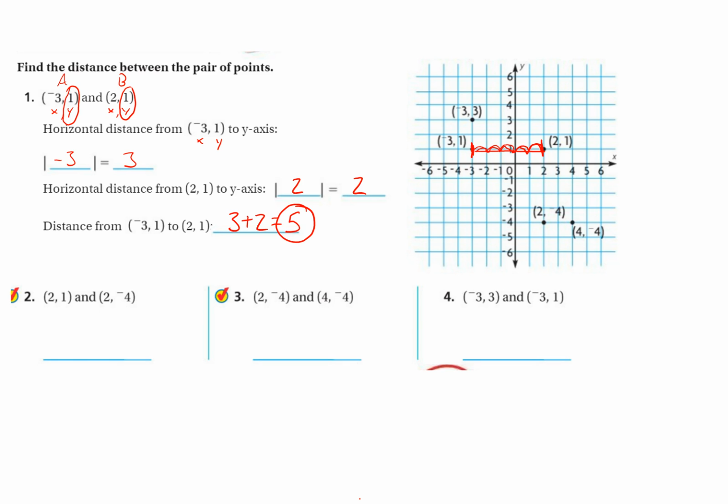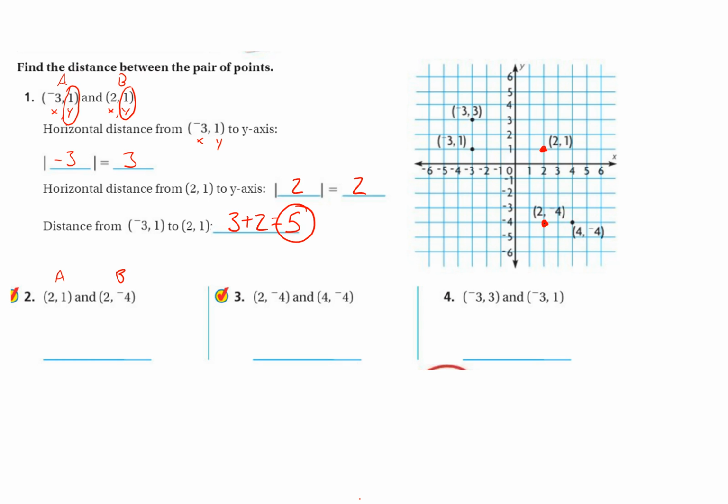All right, let's go ahead and take a look at number 2. We'll call 2, 1 and 2, -4 point A and point B for this particular problem. So 2, 1 is right here, and 2, -4 is right here. So they're on a vertical line.